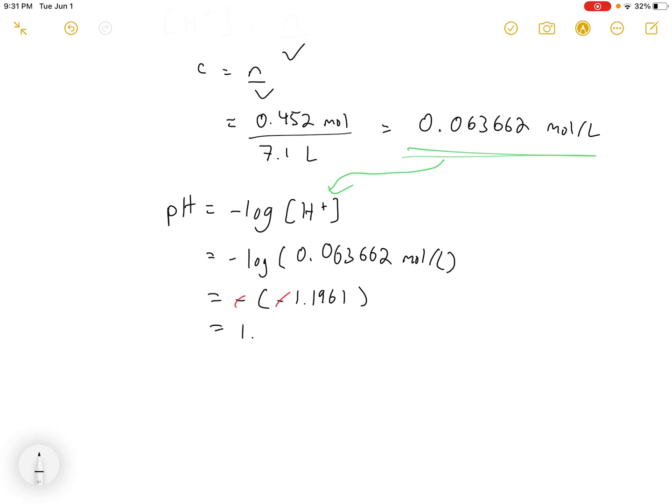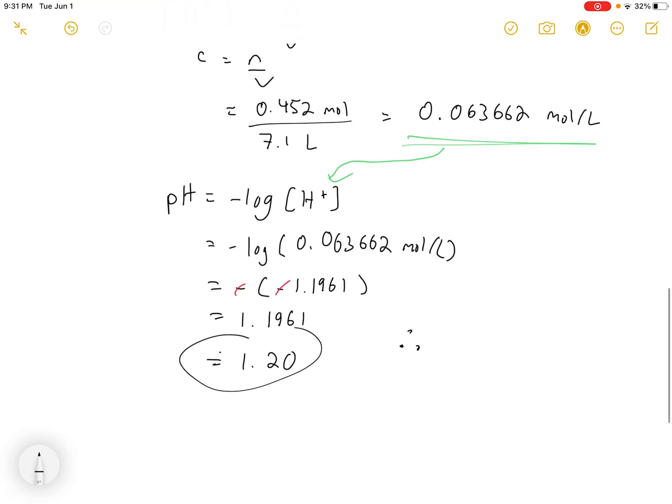You're going to get the pH being equal to 1.1961, or we'll round it off to 1.20. So therefore, the final pH of the solution is 1.20, which is very, very acidic.